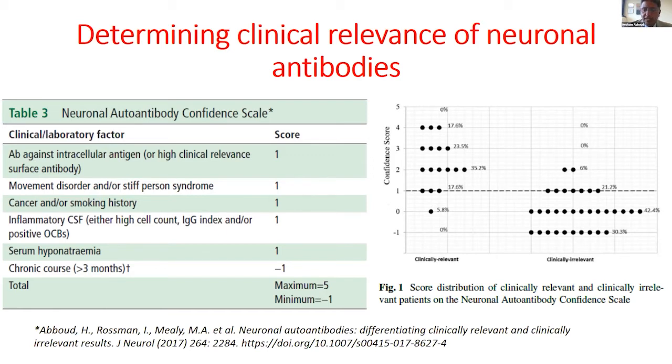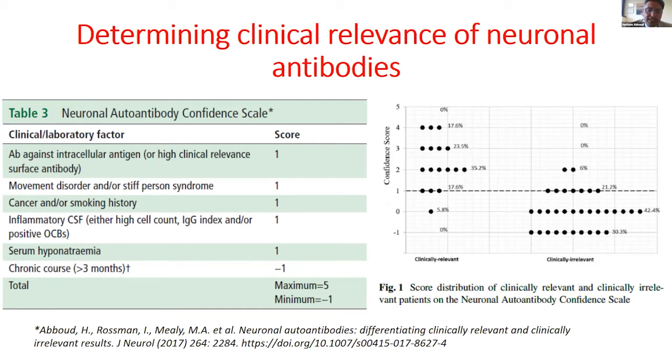But during the evaluation, a neuronal antibody panel was sent. And then we looked at the rates of positivity here. So we looked at those patients who tested positive, but eventually were diagnosed with an autoimmune encephalitis or a paraneoplastic syndrome, and those who tested positive, but eventually were diagnosed with something different. And we tried to look at the differences between the two groups.